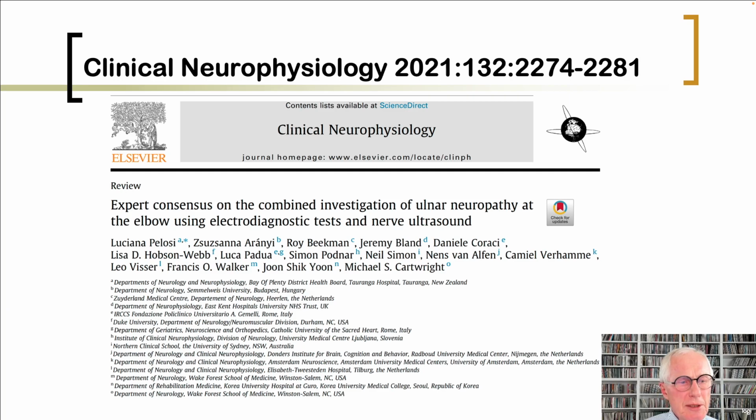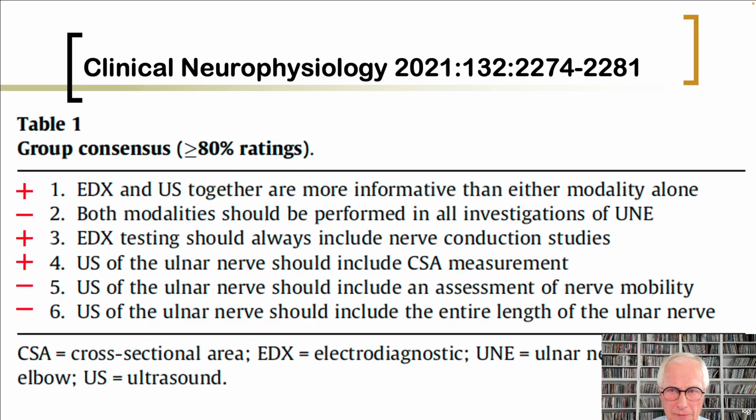There is a recent expert consensus recommendation that was published in Clinical Neurophysiology in 2021, by a group of prominent clinical neurophysiologists doing both EMG and ultrasound. They found a consensus agreement, and what they came up with is that electrodiagnosis and ultrasound together are more informative than either modality alone.